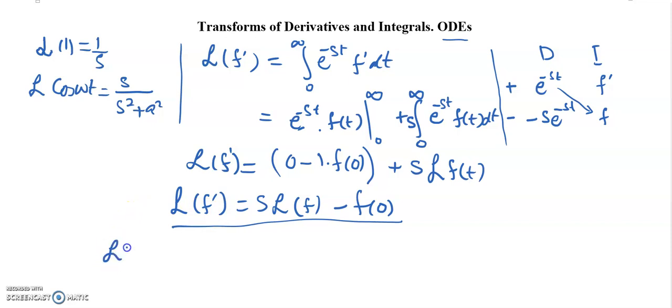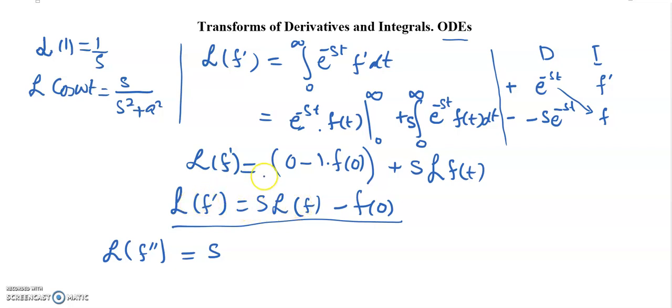How about the second derivative? Using this relationship, the Laplace transform of the second derivative will be equal to s times, because here it is f prime and here it is f.